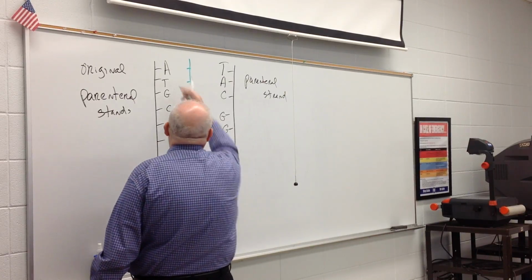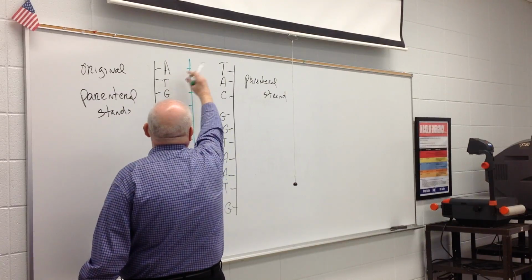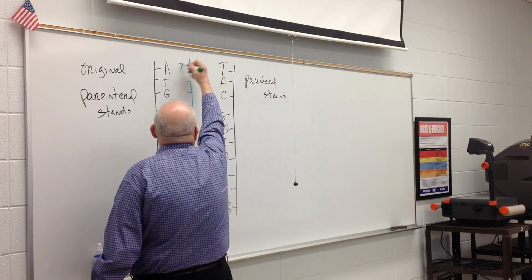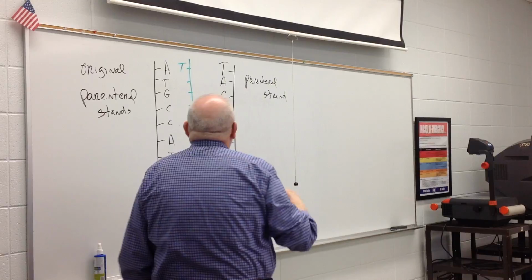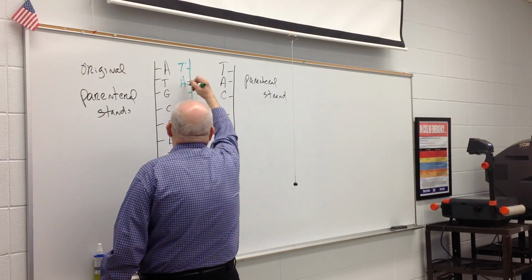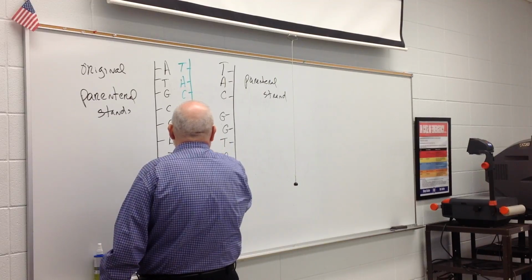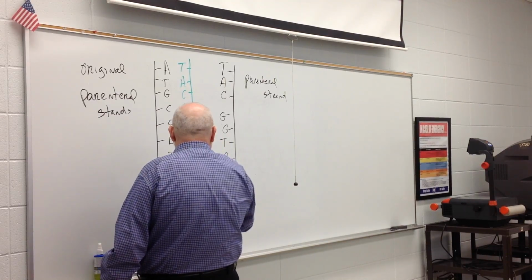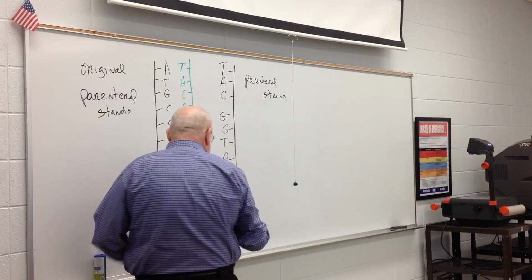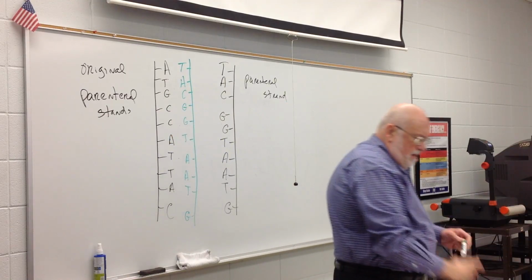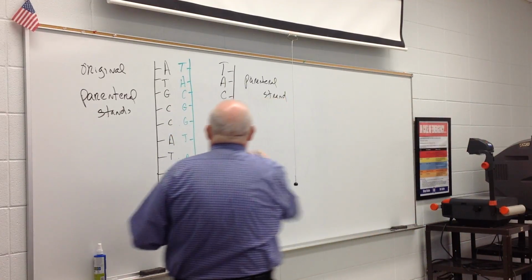All right, so now what's going to go here? Adenine pairs with what? Thymine, right? All right, so what do we got? There's another adenine, a cytosine, guanine, guanine, thymine, adenine, adenine, thymine, and guanine. All right? Put back the hydrogen bonds.